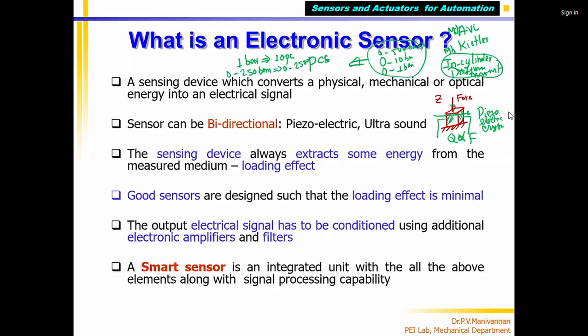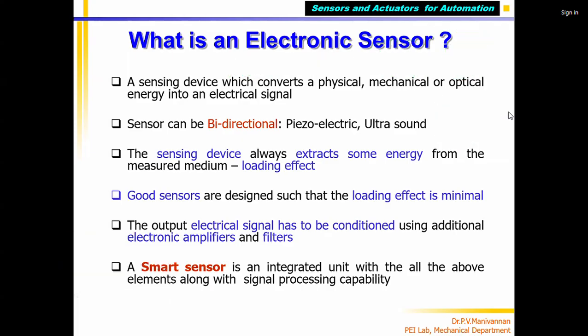Now for this piezoelectric sensor, or an ultrasonic sensor, if you apply a pressure vertically, it produces a charge Q in this direction. So input is force, output is electric charge.